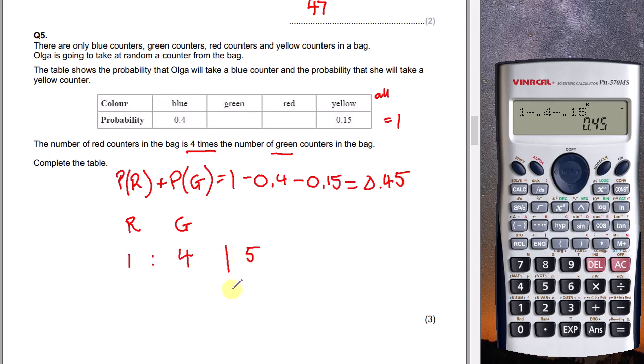If the total probability for these sections is 0.45, I can calculate how to convert from 5 into 0.45. So end 0.45 divided by start, and I've got to multiply by 0.09. So the value of red is 0.09, and green, 4 times 0.09, is 0.36.